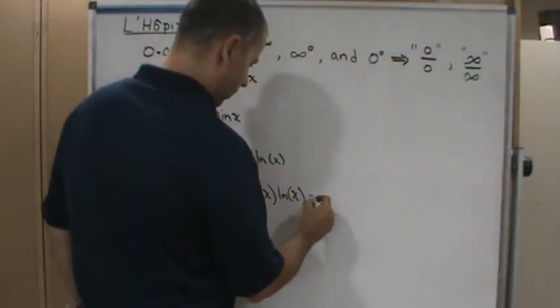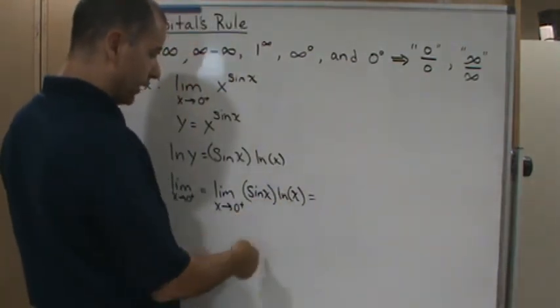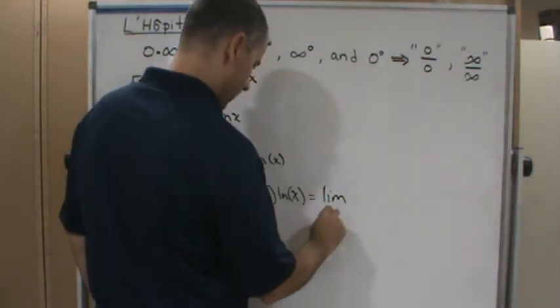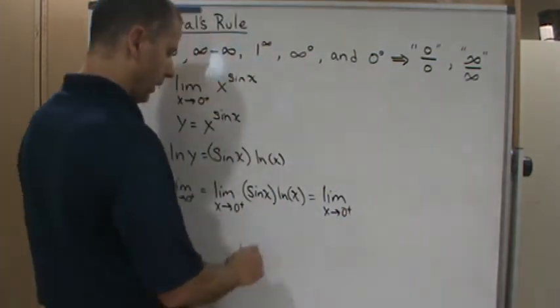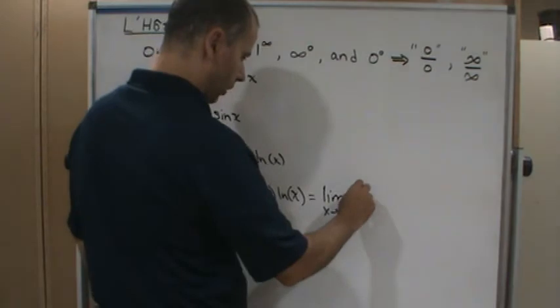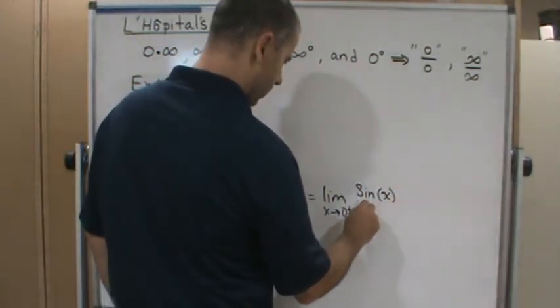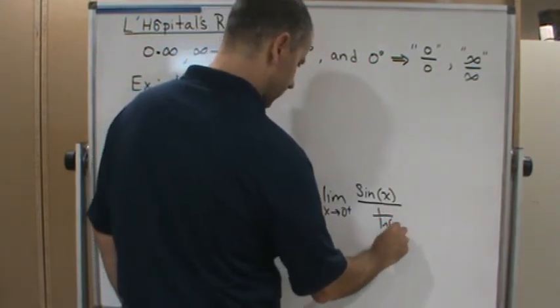So now I'm going to rewrite this as a fraction. I'm going to get the limit as x goes to 0 from the right. Now I'm going to bring this down to the bottom and take the reciprocal. So this will be sine x over 1 over natural log of x.